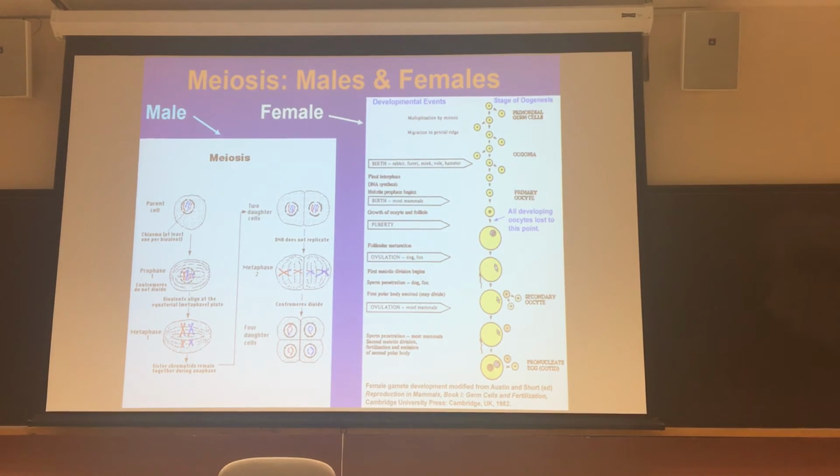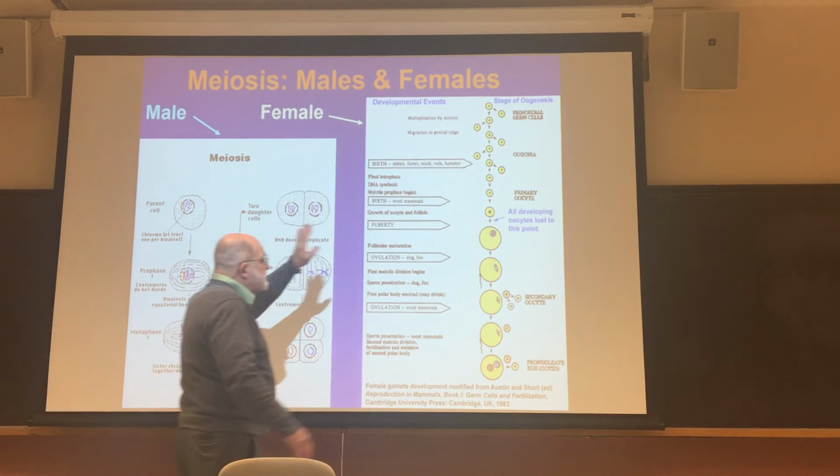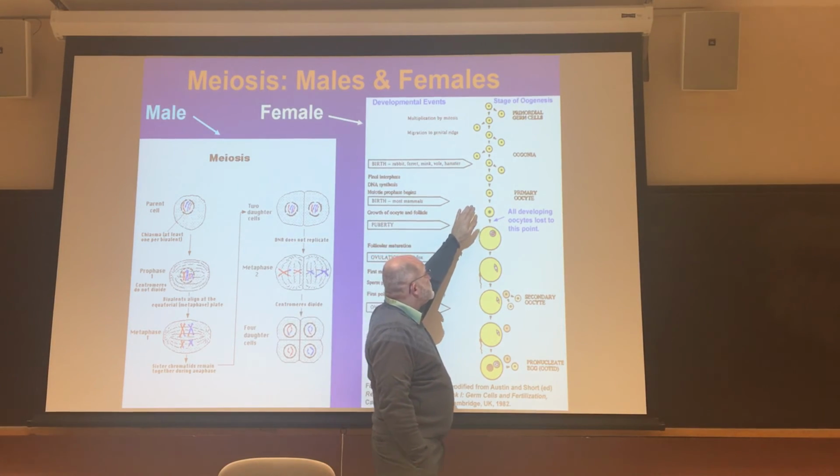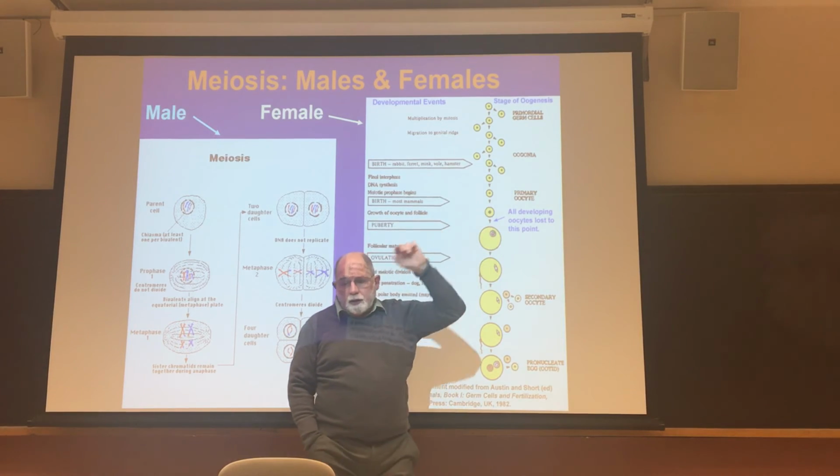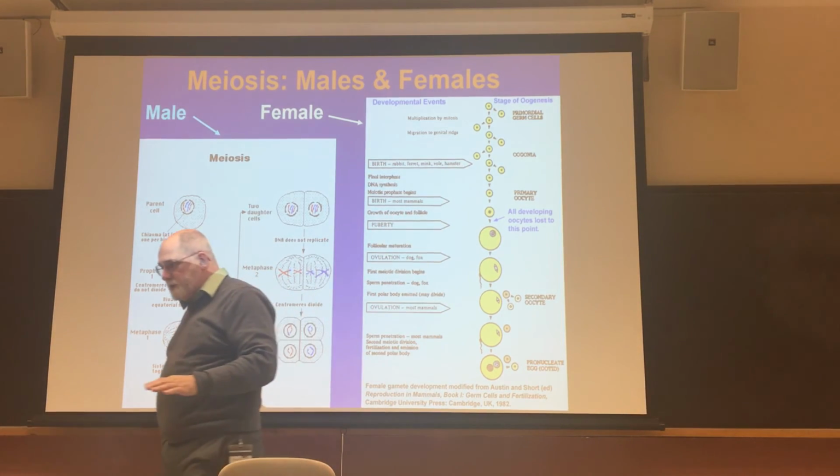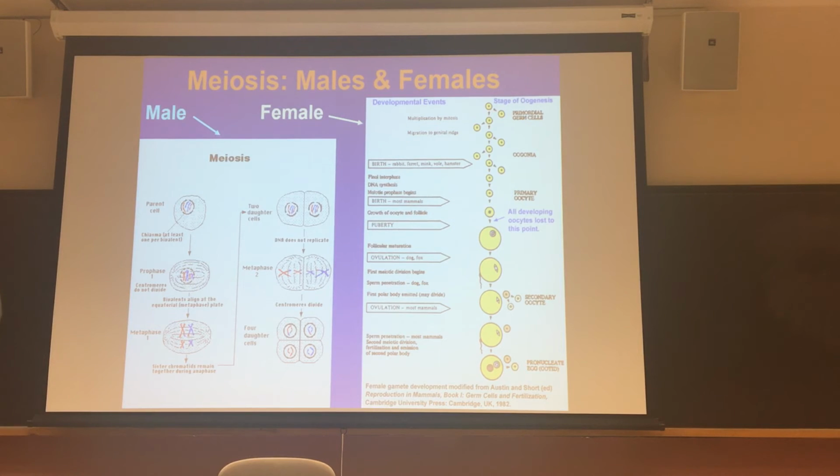And they're halted in the prophase of meiosis 1, just after the stage of DNA replication and crossing over. Those cells stay in that state until they commit to completion of meiosis later in development.